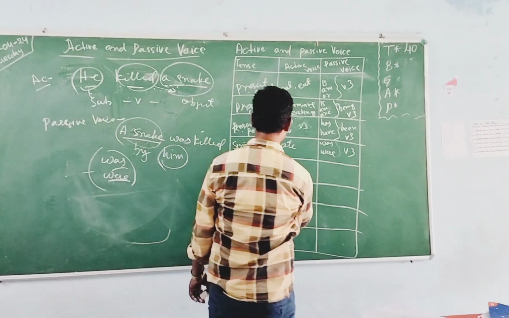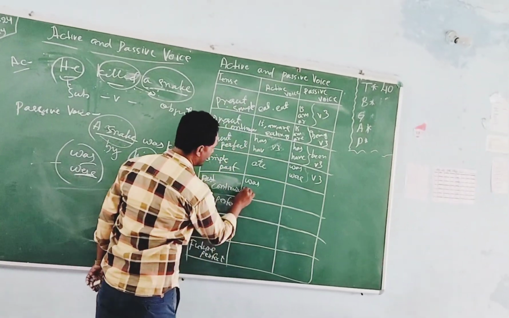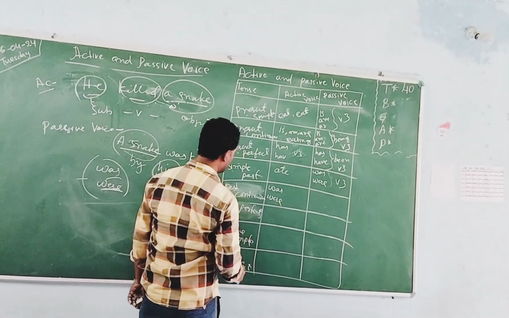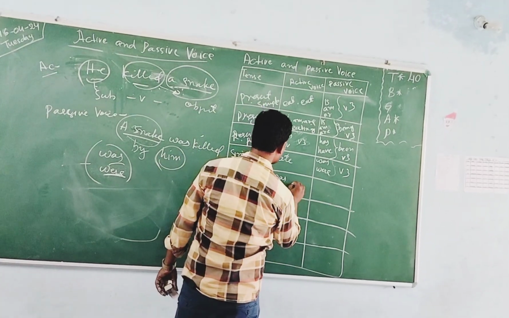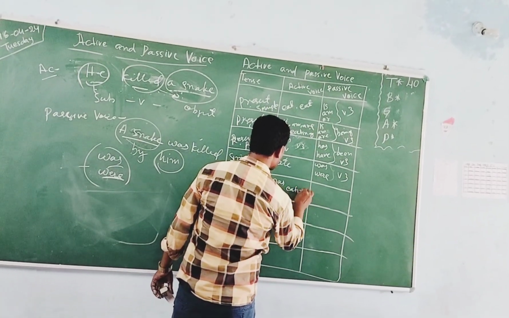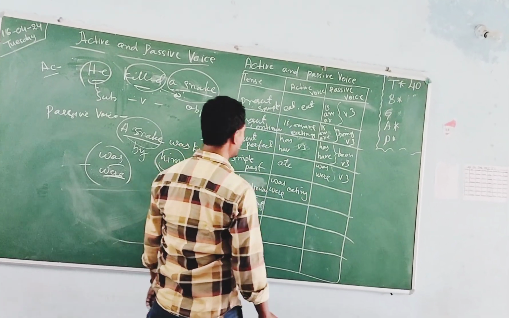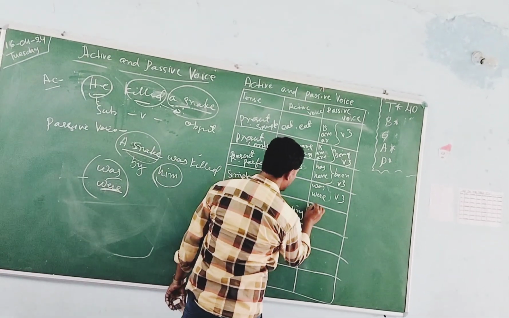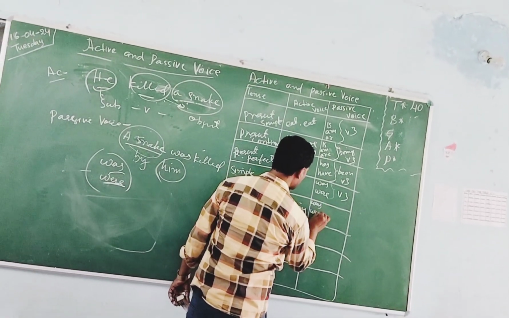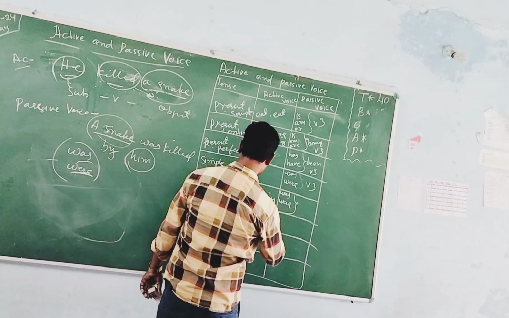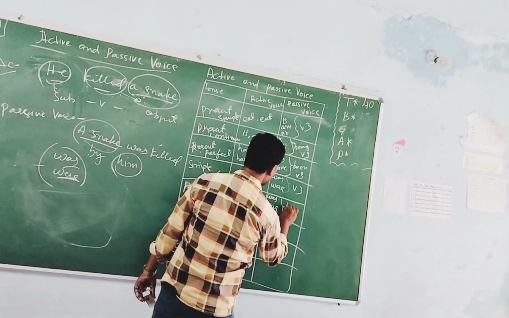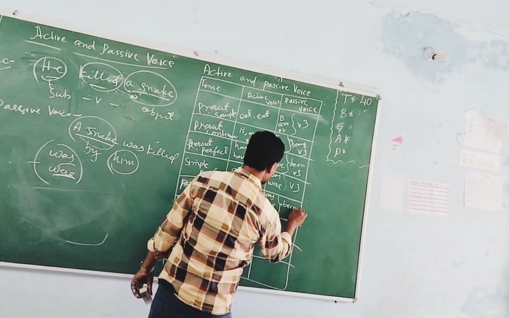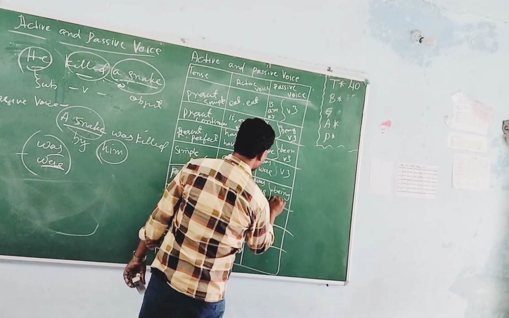Past continuous also has was, were as its helping verb. Was, were, eating. What will be here in the passive form? Same, was, were, being, verb 3.